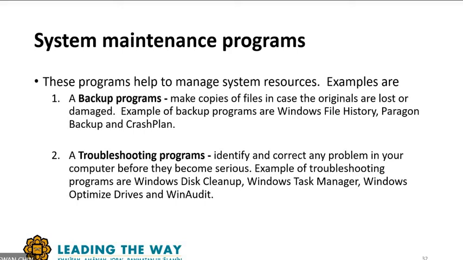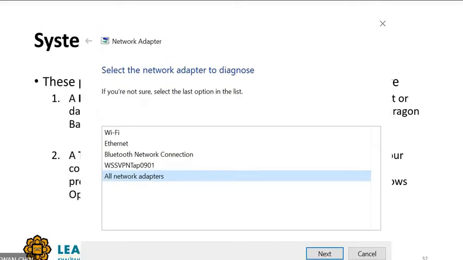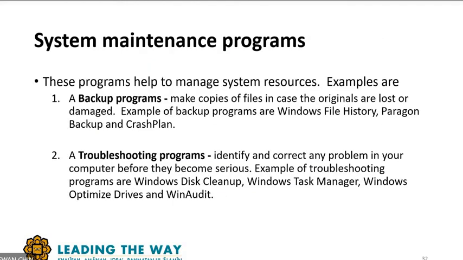So the troubleshooting program is to identify and correct any problem from the system or the function. For example, if you cannot connect to Wi-Fi, it will measure first, then give you a solution. Whether it can provide the solution or not depends on the troubleshooting program itself.